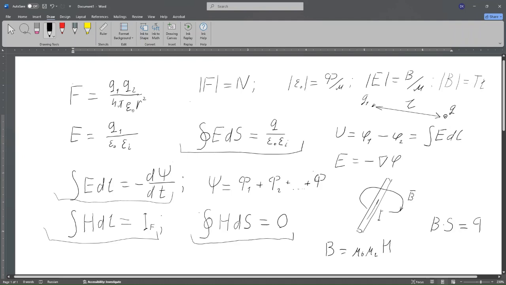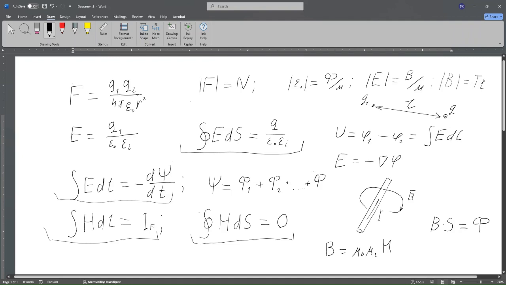Flux seems like magnetic current. Okay, and that is in integral form, the Maxwell laws.